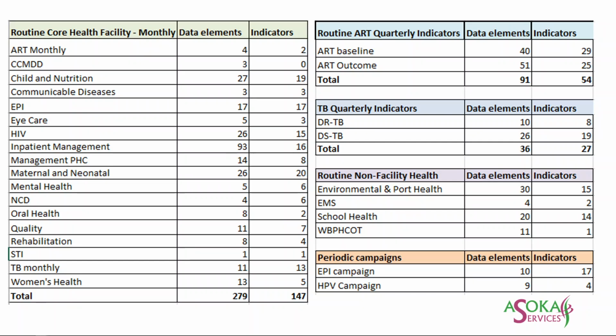For ART, the ART baseline group has 4 data elements and 29 indicators from those. For the periodic campaign ones, EPI campaign, we have 10 data elements that are reported on, and 17 indicators come from those data elements.